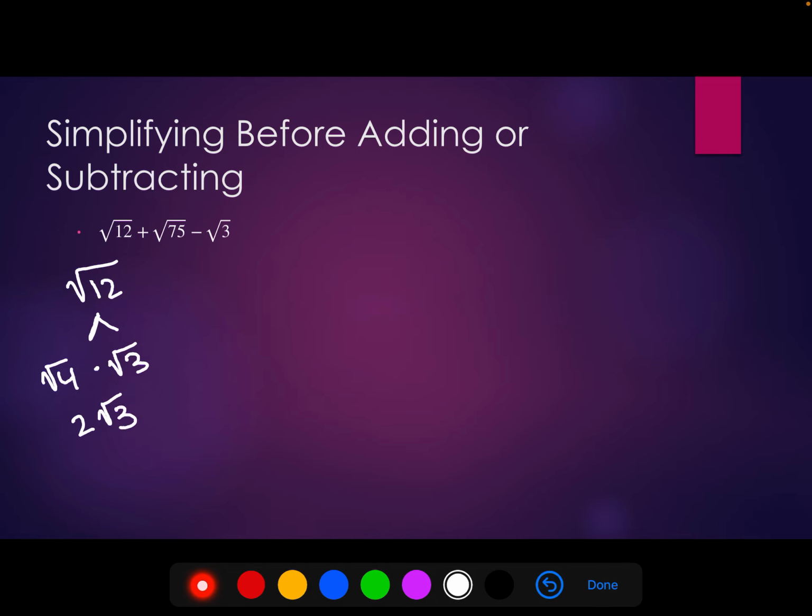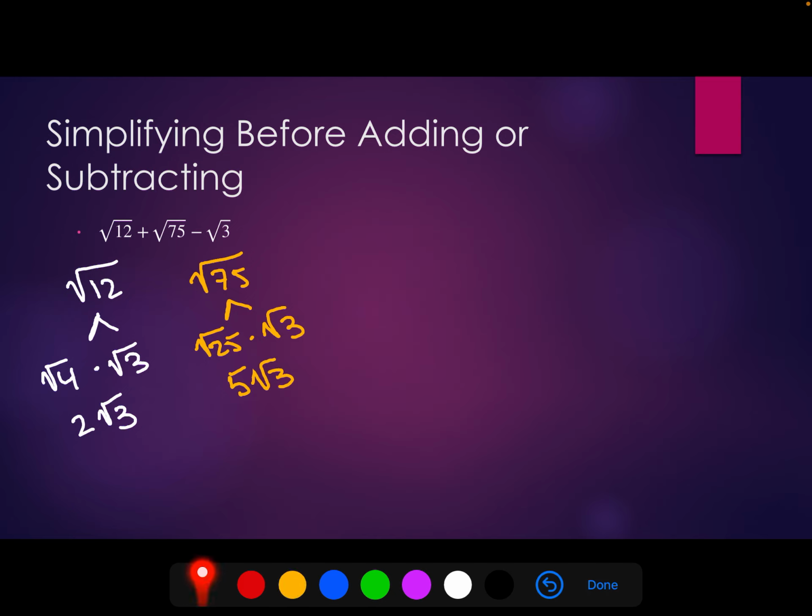And then we can do the same thing for the square root of 75. That's equal to the square root of 25 times the square root of 3. And we know the square root of 25 is 5, and we can't do anything else with that root 3, so we have 5 root 3. And now we take a look: this is already a root 3.